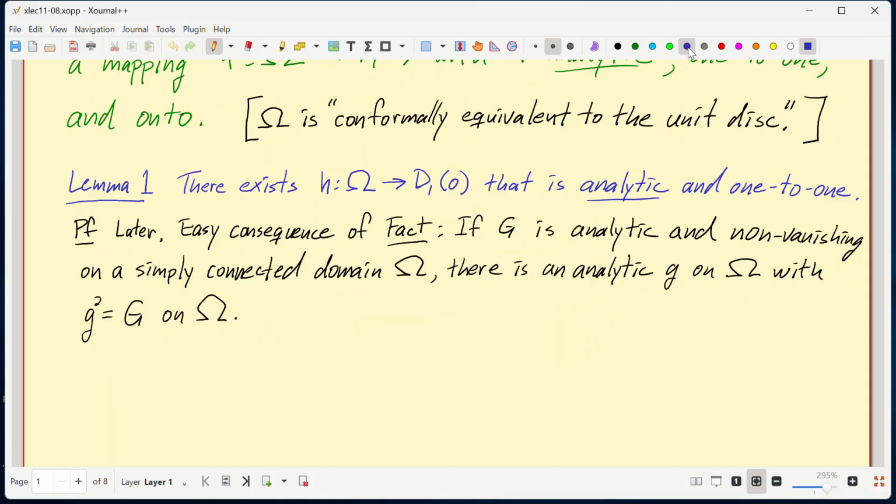There's a couple of little lemmas that I'm going to need, an easy one. Lemma 2.